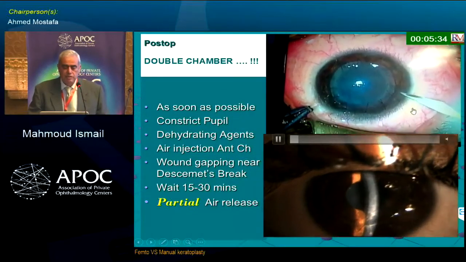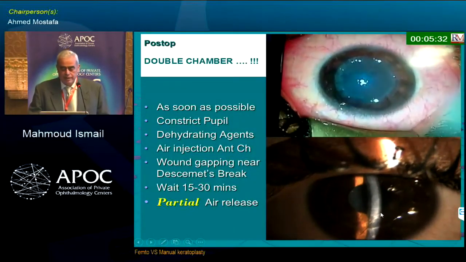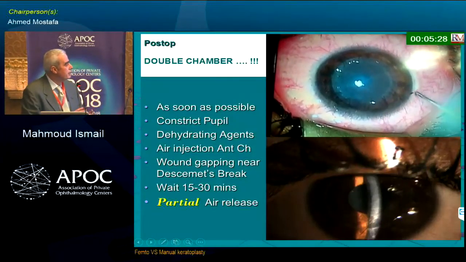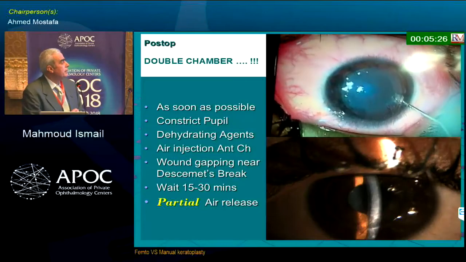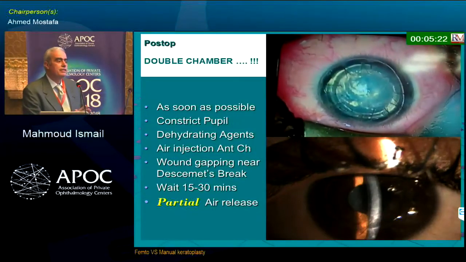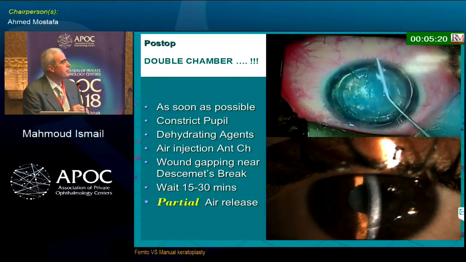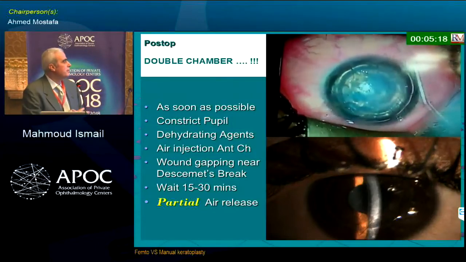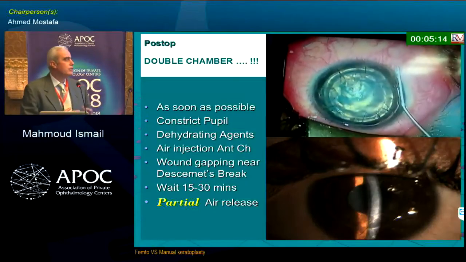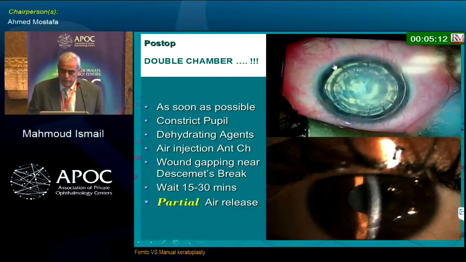You take the patient directly to the operation room and inject air immediately, constrict the pupil, dehydrate the patient, and remove all the echoes from the anterior chamber, inject air in the anterior chamber, do some gapping at the spot you are suspicious of, and wait for 15 to 30 minutes, remove some of the air, and you have a beautiful scenery like this at the end.